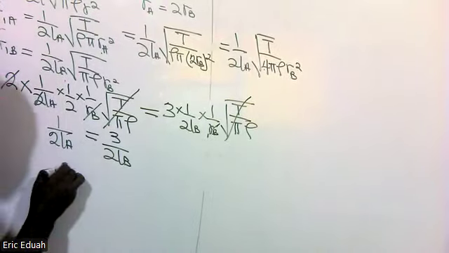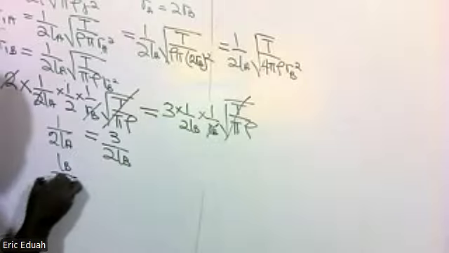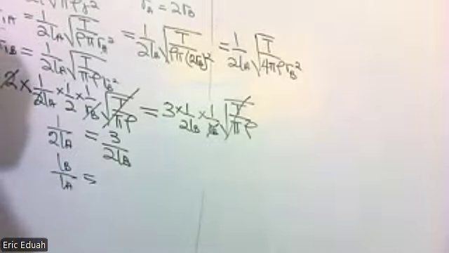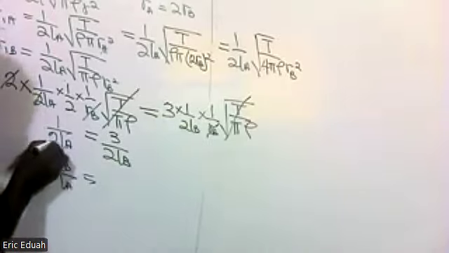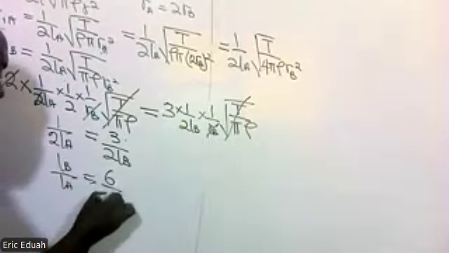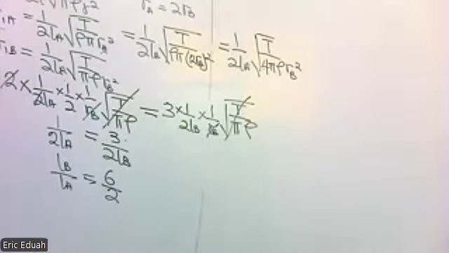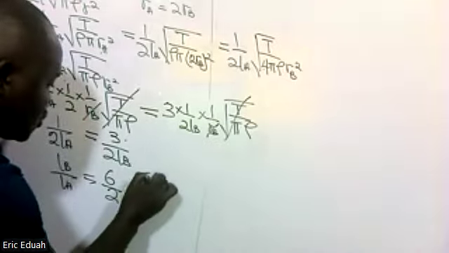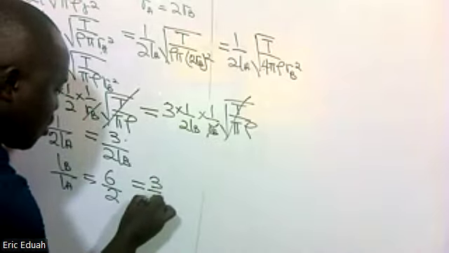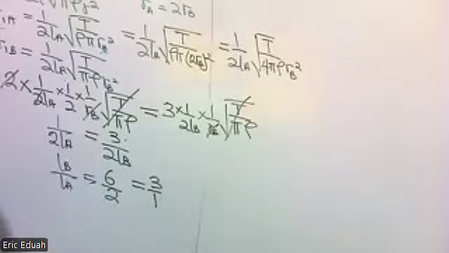So if LB over LA is what you so desire, then you have 2 multiplying the 6 divided by 2. And 6 divided by 2 is 3 on 1. So the ratio is 3:1.